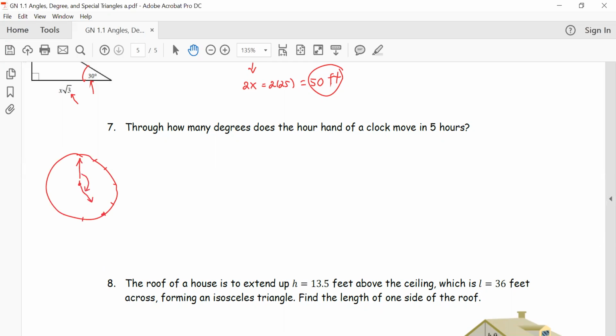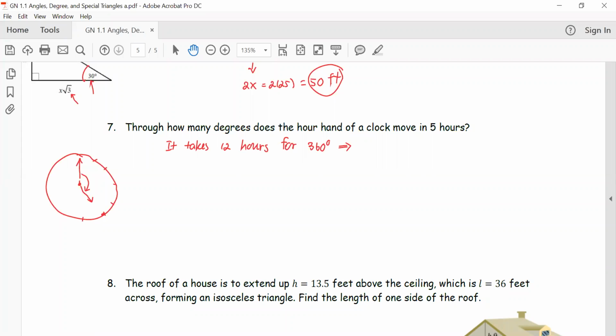From here to here. Let's say it takes 12 hours for the full revolution, or the 360 degrees.